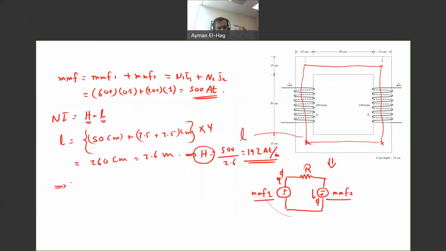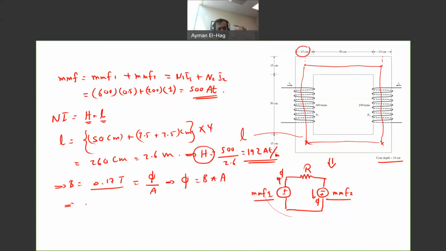So from this, your B is equal to 0.17 Tesla. Now, if I know B, which is equal to the flux divided by A, from this your flux is equal to B times A. This is a very uniform cross-section area because the width in all sections is 15 centimeters and the depth is also 15 centimeters.